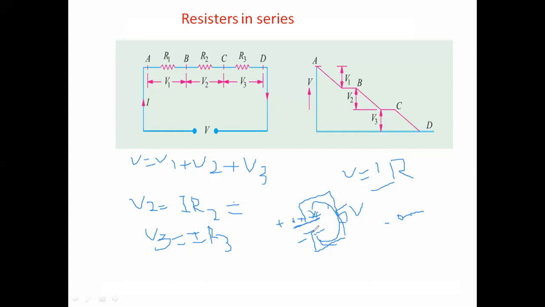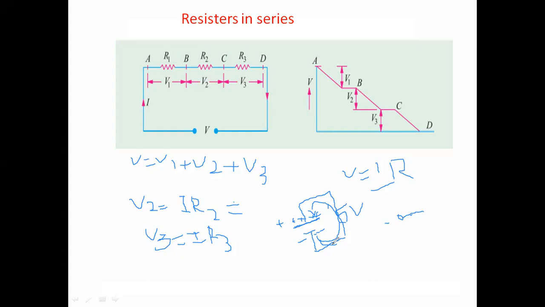Then current flows through this wire, which means the movement of electrons. So current is nothing but the movement of the electrons.